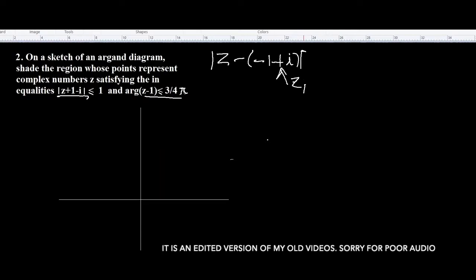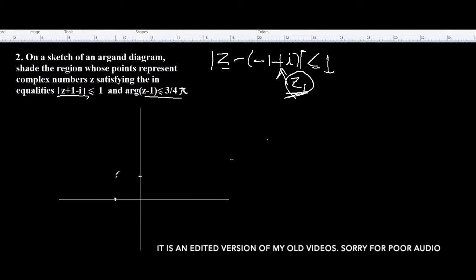And this is that variable complex number which will be less than or equal to 1 with reference to z1. So let's see where z1 is first. Minus 1 plus i. Minus 1 will be somewhere here and plus i will be somewhere there. So this is the center of the circle which will represent that inequality.